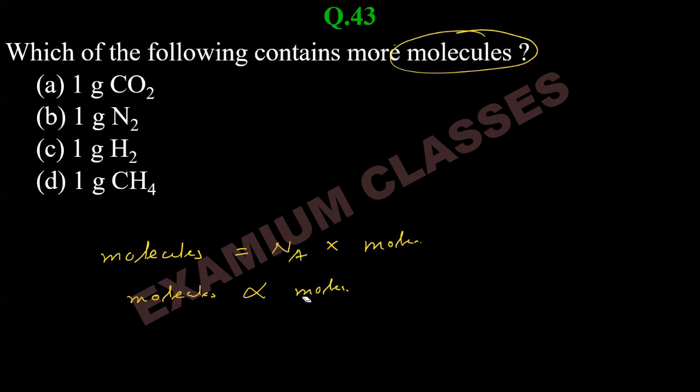And number of moles is given mass upon molar mass. Mass is constant here, 1 gram. It means molecules will be inversely proportional to molar mass. The one which has least molar mass will have maximum molecules. Hydrogen here has the least molar mass too.